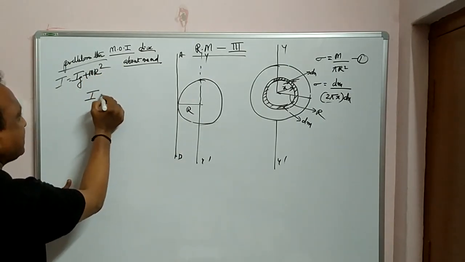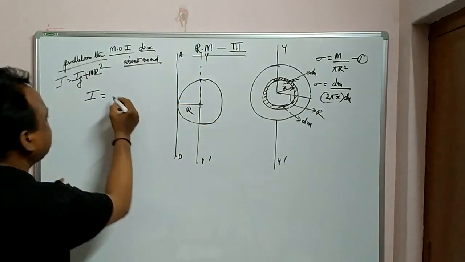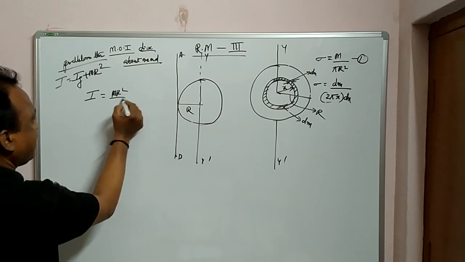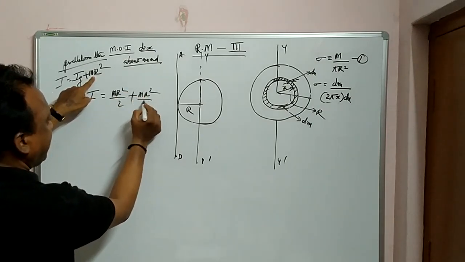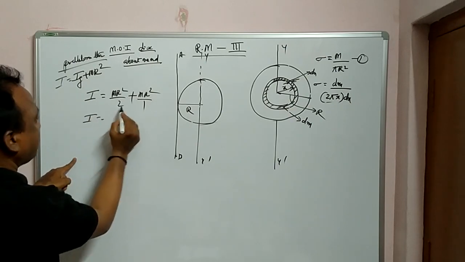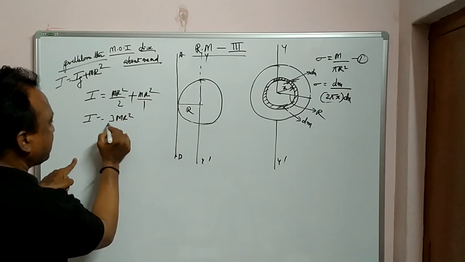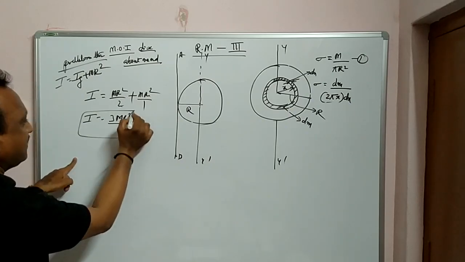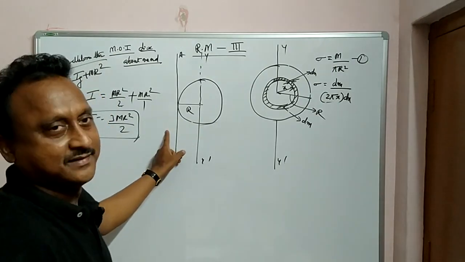Ig means about the axis passing through the center, just now derived: m r square by 2 plus m r square. If you take the LCM, I is equal to m r square by 2 plus 2 m r square by 2, which is 3 m r square by 2. So this is the moment of inertia of the thin uniform disk about one end.